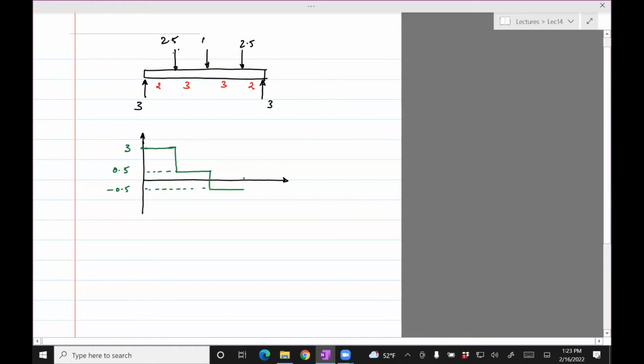That's downward again. So that gets added with a negative sense to negative 0.5 to give us minus 3. Then it keeps going, and once we reach the right side B, we would get minus 3 plus 3, 0.